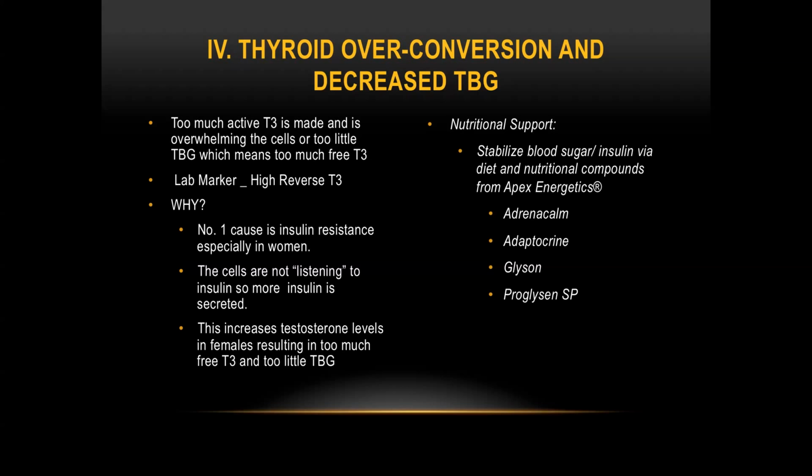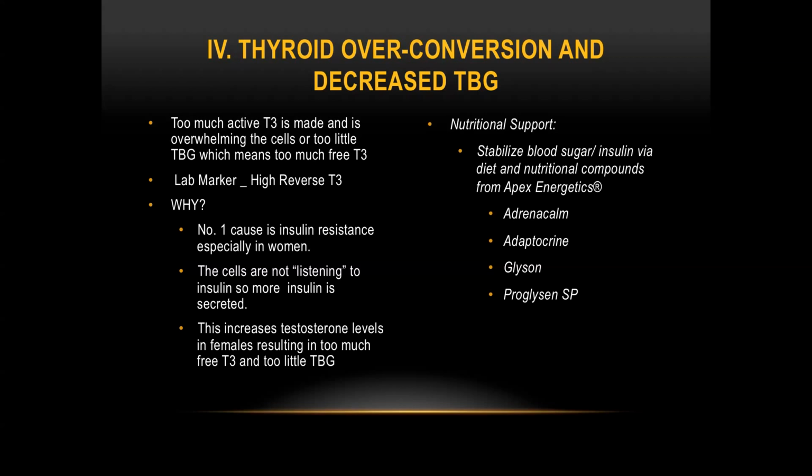The fourth pattern is thyroid overconversion. This is when we have a high free T3 and a high reverse T3 as our lab marker. This pattern is found with insulin resistance and polycystic ovary syndrome. Since excess testosterone production accompanies these conditions, reversing insulin resistance reverses hypothyroid symptoms.